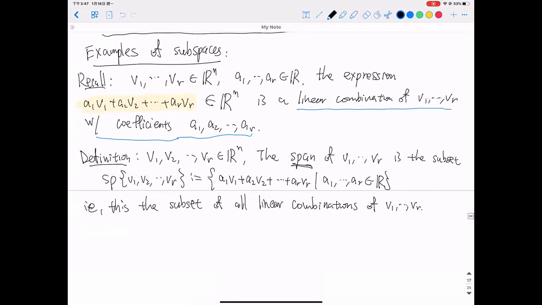Now, one easy fact about a span is that you get a subspace. Evidently, it's a subset.